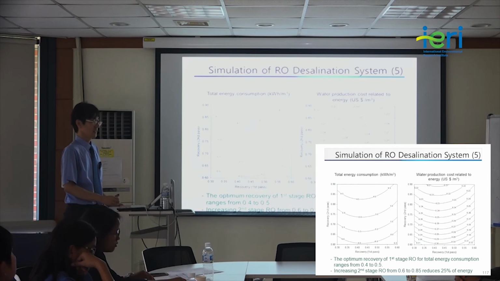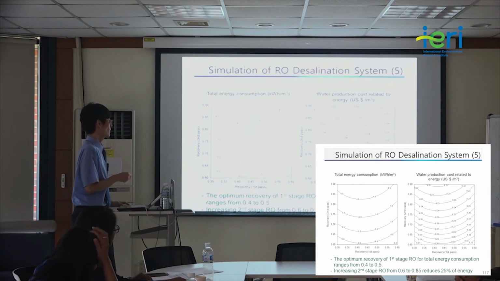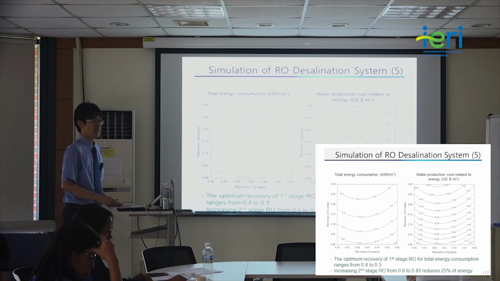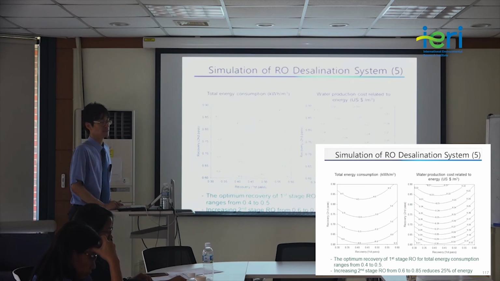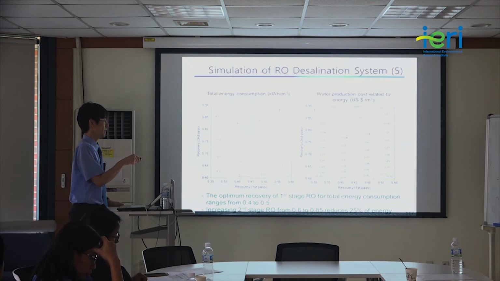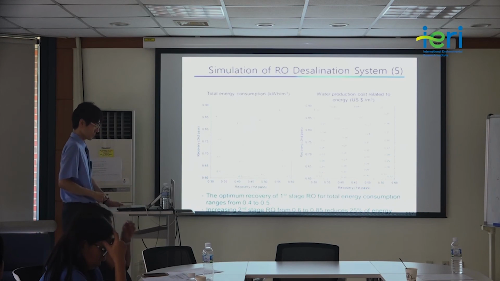So in summary, in this kind of system, the optimum recovery for the first pass reverse osmosis is between 0.4 and 0.45. But in the second pass, the highest recovery is recommended to reduce the energy consumption. And since this energy consumption is the dominant factor affecting the operation cost, the water production cost also has a similar pattern to this energy consumption.